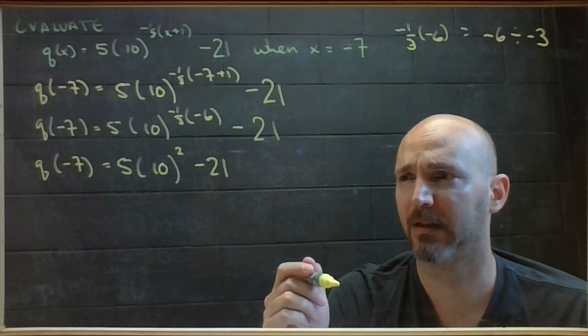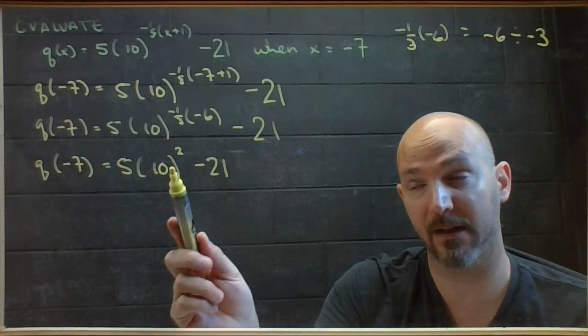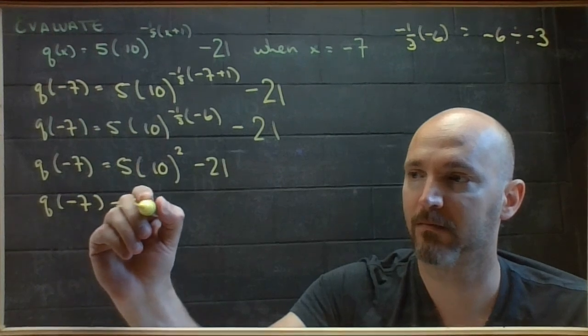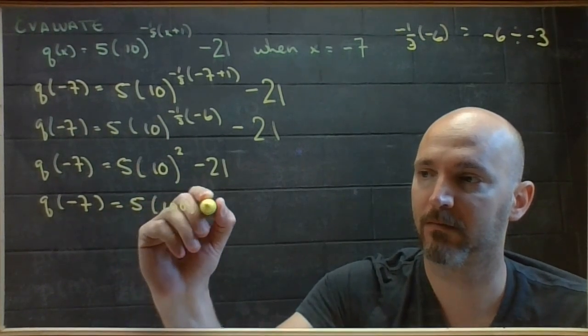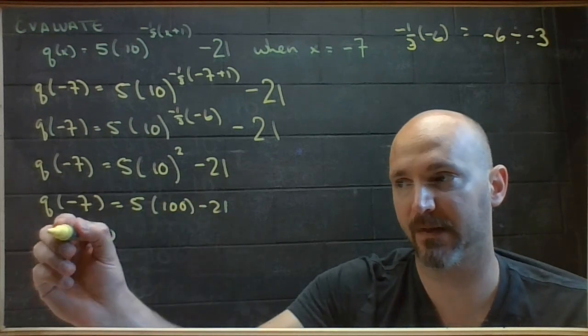What are we doing? Exponentials. So I've got a 10 squared here, that's 100. And 5 100s is 500.